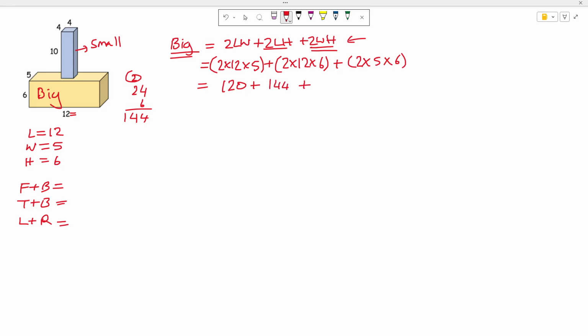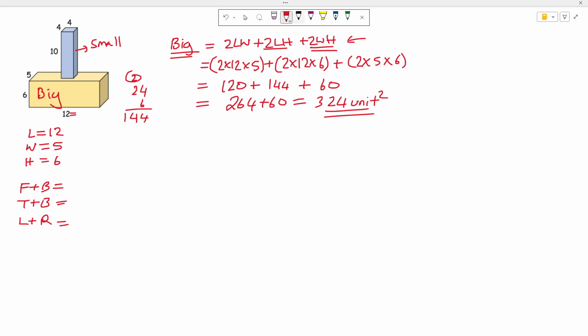And finally, 2 times 5 is 10, 10 times 6 is going to give us 60. Now adding them all up, we have 120 plus 144, which is 264. 264 plus 60 is equal to 324 units square, whatever the unit is. So now we have found the area of the big rectangular prism.